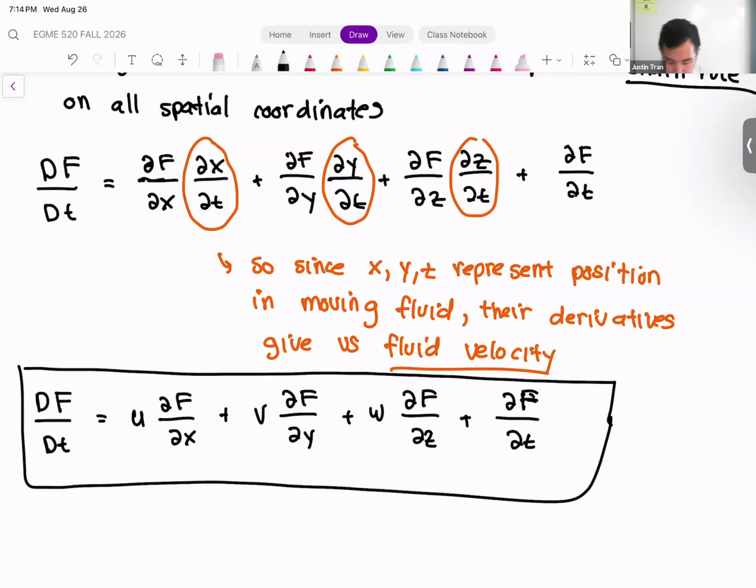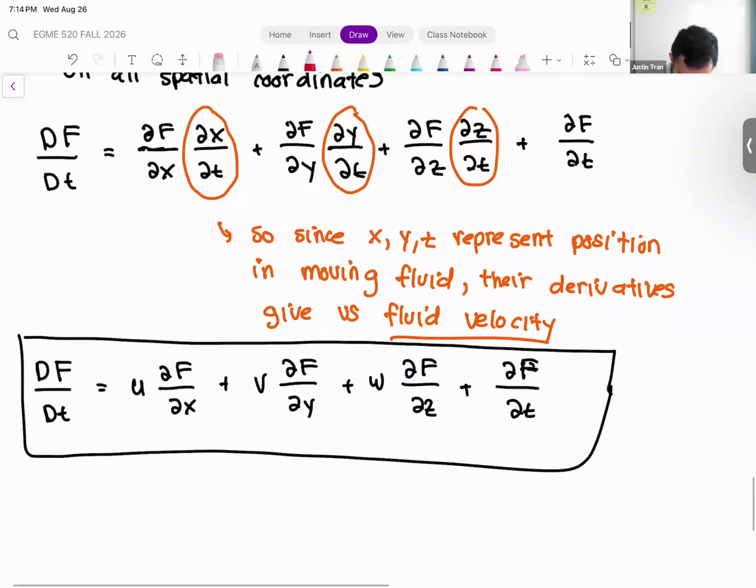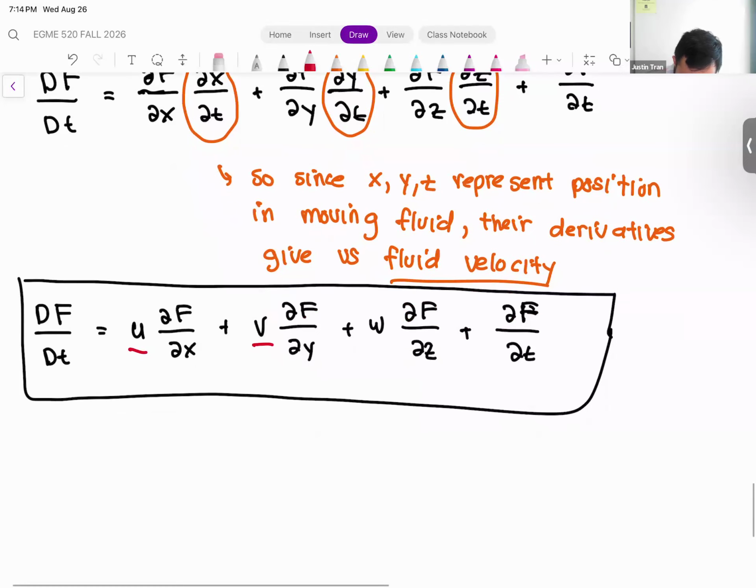Where u, v, and w are the x, y, and z components of the fluid velocity.